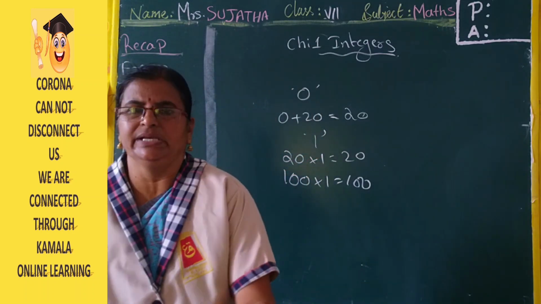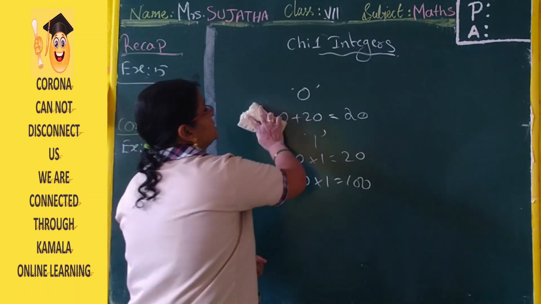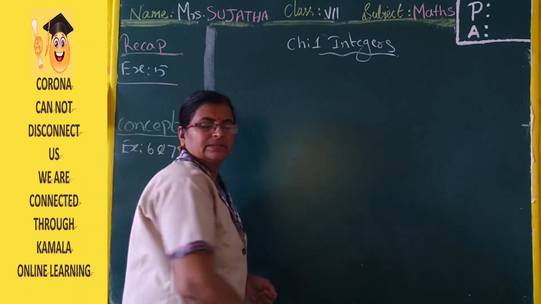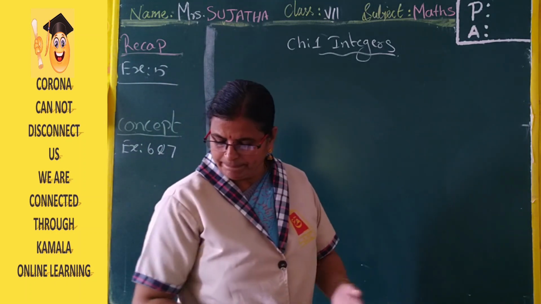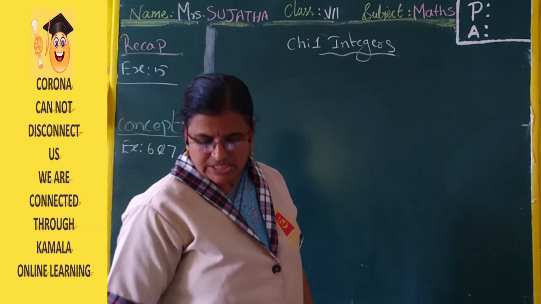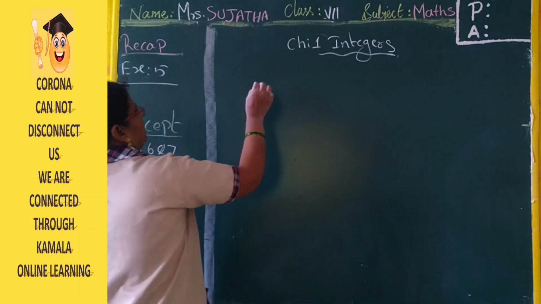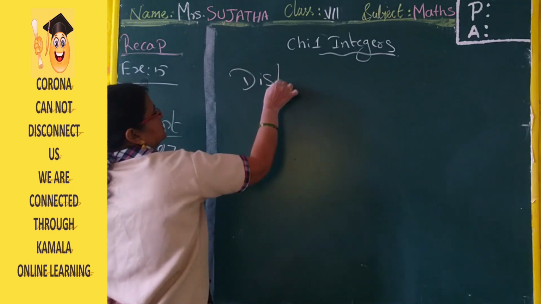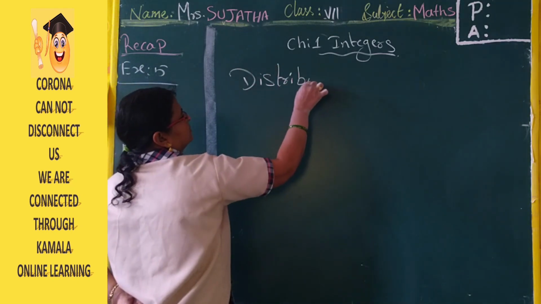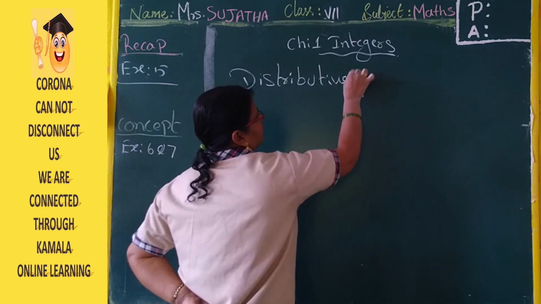Achha, one more property is there, no? That is distributive law. First we will learn that one, afterwards we will move to the exercise. Now, distributive property.